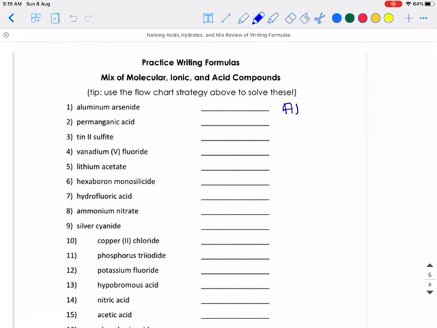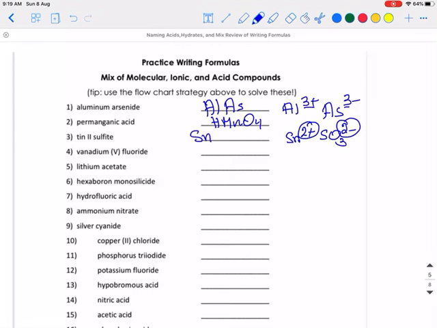Aluminium is from group 3, so 3 plus, arsenide group 5, so 3 minus, same charge, so ratio 1:1, so AlAs. Permanganic acid is HMnO4. Tin(II) sulfite, tin is 2 plus, sulfite SO3 polyatomic ion 2 minus, charge the same, so ratio 1:1, so SnSO3.